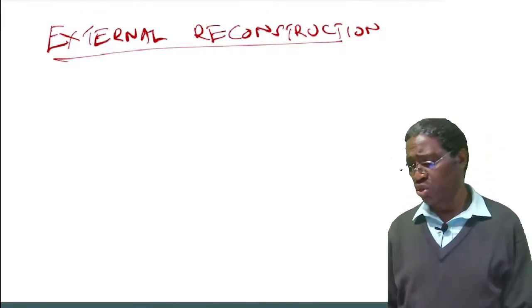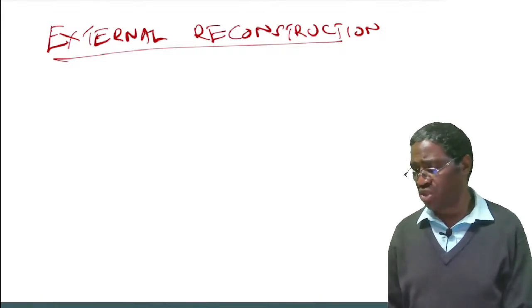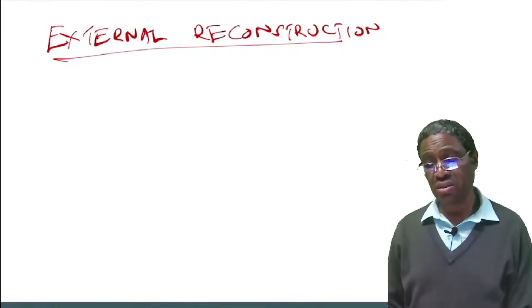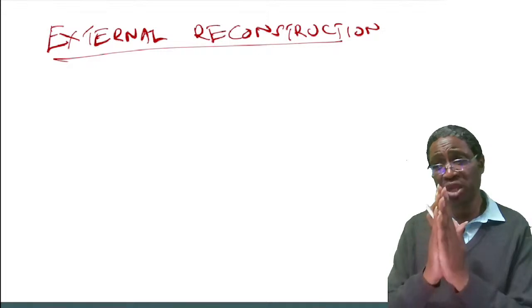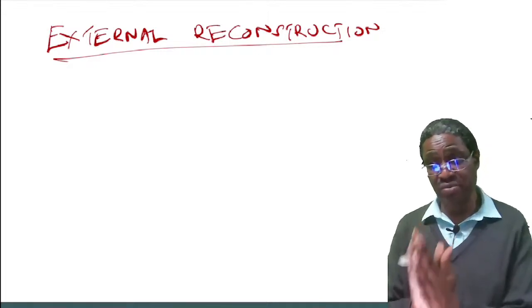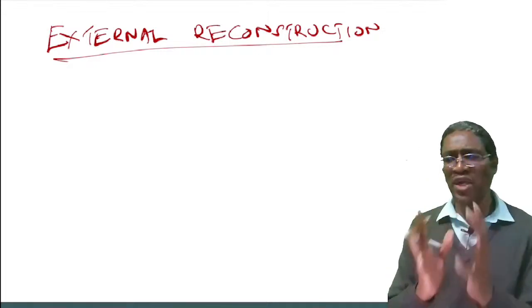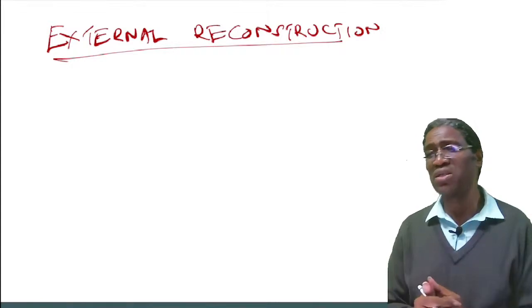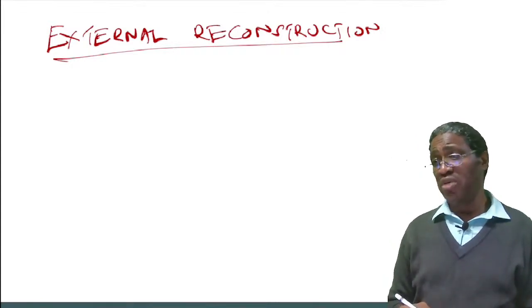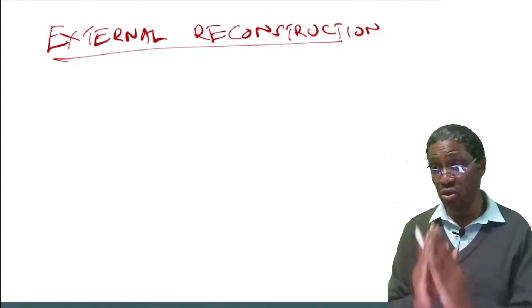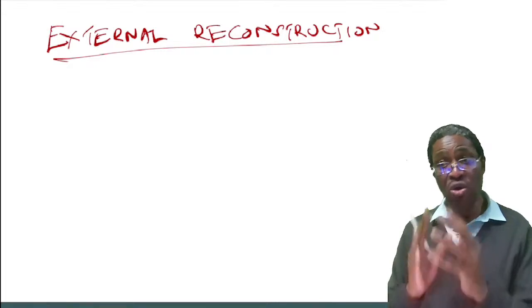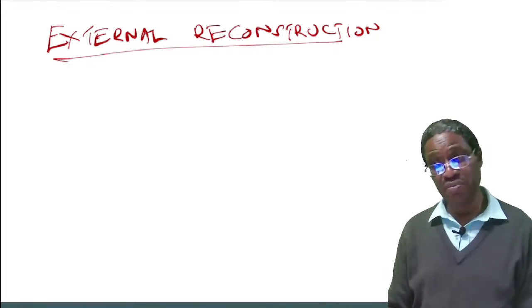We started the topic of reconstruction, and we said for a company to be reconstructed, just as a reminder, why do we reconstruct a company? We said we normally reconstruct a company because it has been making losses over a long period of time.